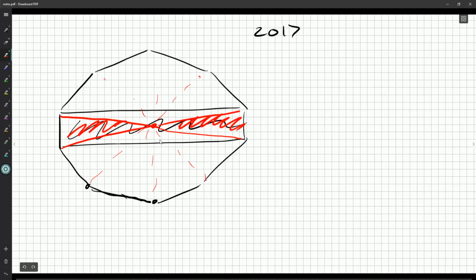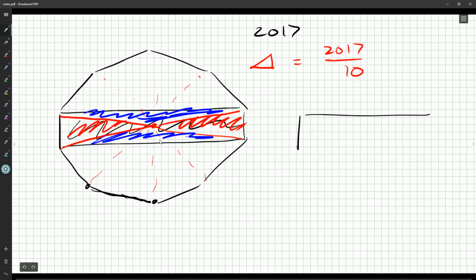Each red triangle is 1/10 of the total area. Right? So that makes part of the band, but what about the blue area here? So I get 2 of those red triangles, and then what about these blue areas? Well, I have a sneaking suspicion that they will also be the area of one of these red triangles.